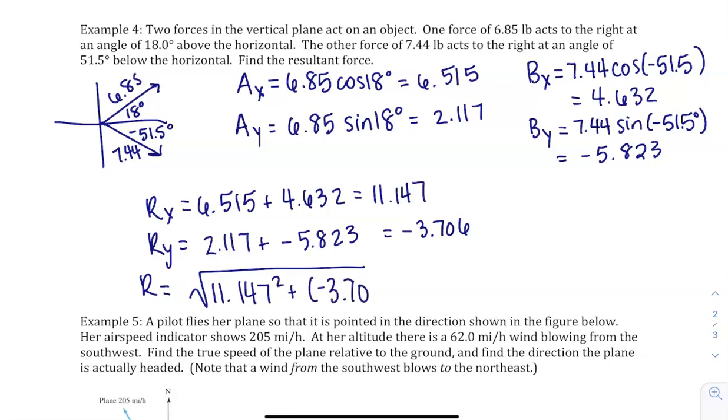And we haven't had a negative under this radical in a little while. Remember, when you square a negative, you have to put it in parentheses or the calculator will give you the wrong answer.